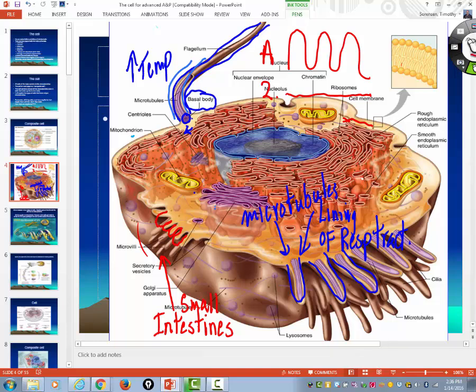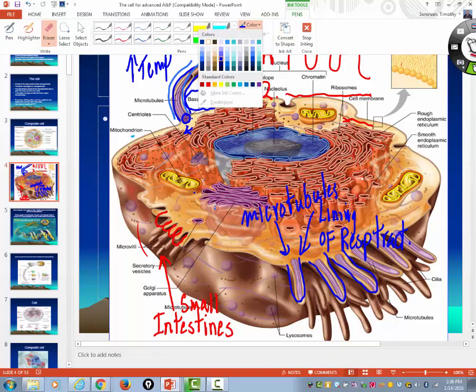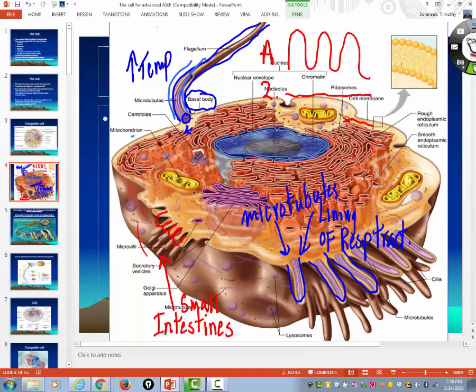The centrioles, right here, these are only active when the cells divide. So these help with cell division. And in this case, that's really all I want you to know, because in the advanced class, I'll go more into that. So the centrioles work or are active when cells are actively dividing.